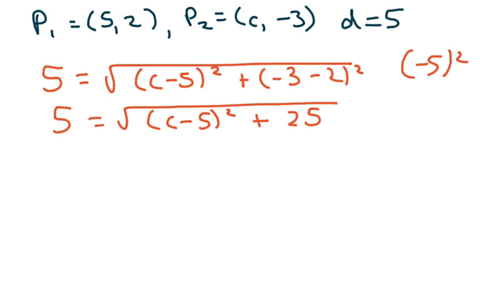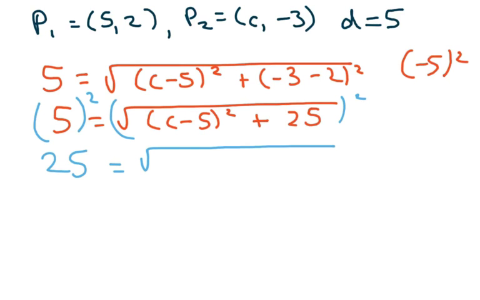Now I'm going to square both sides. You square both sides, get 25 equals the square root. Well, actually, this goes away. So you get C minus 5 squared plus 25.